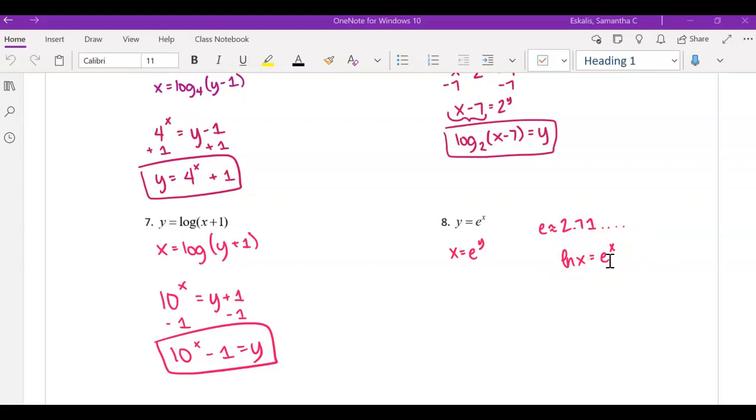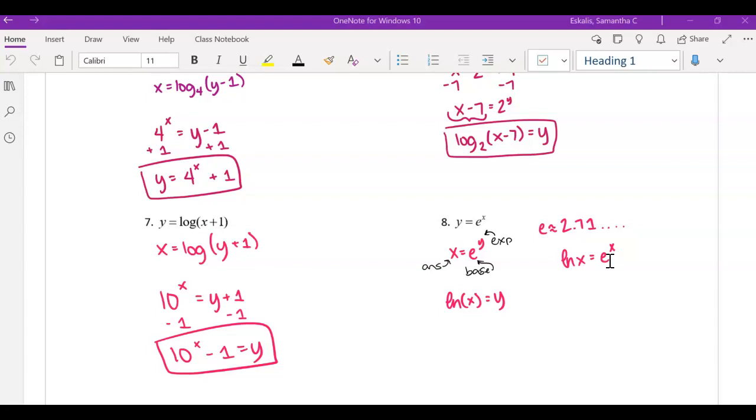So whenever we're rewriting this, let's label all our stuff. We know our base is e, which means we have to use natural log. Our exponent is y, and our answer is x. So we know that we have to use natural log of our answer, which is x, and that has to equal our exponent, which is y. So our y is all by itself now.